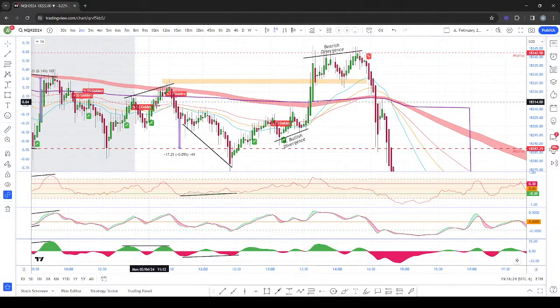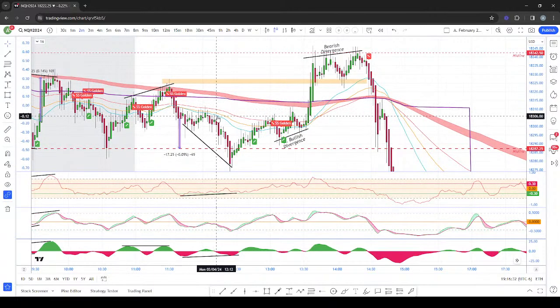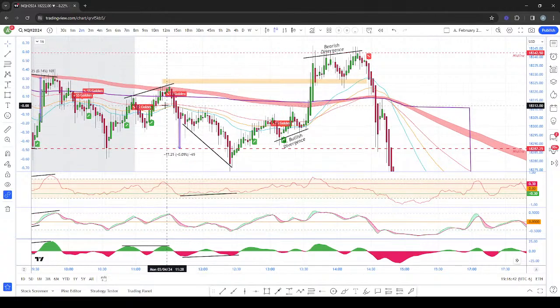And the EMAs are all showing bearish bias in here, but they're a little bit more horizontal than I would have liked. But the really cool thing is they maintained that sequence throughout, which was really nice. It was a really nice way to look at that and make decisions along the way.